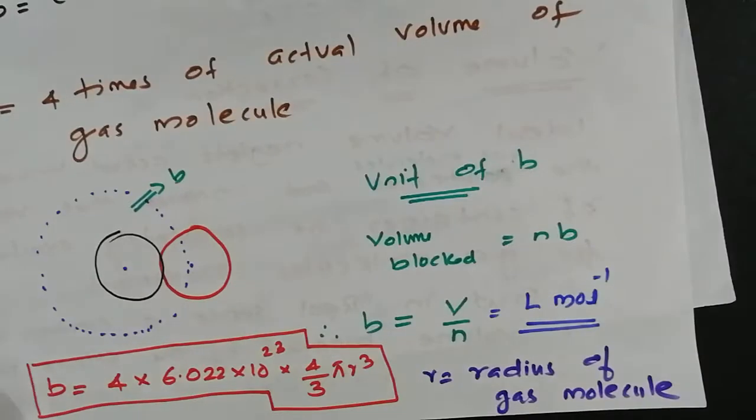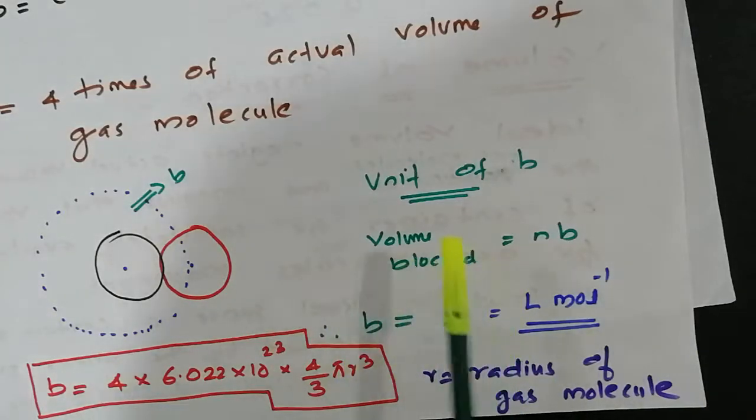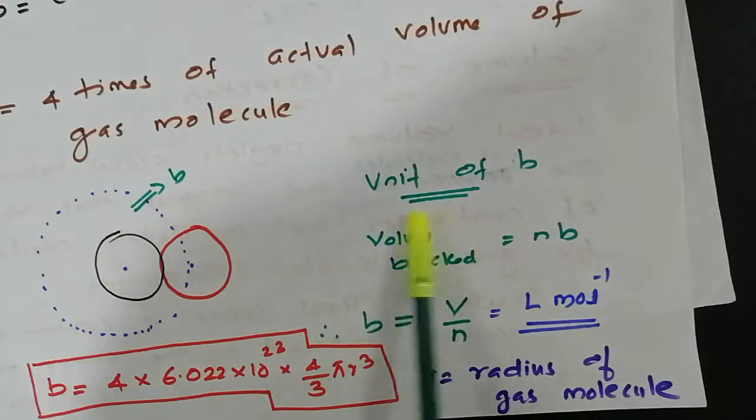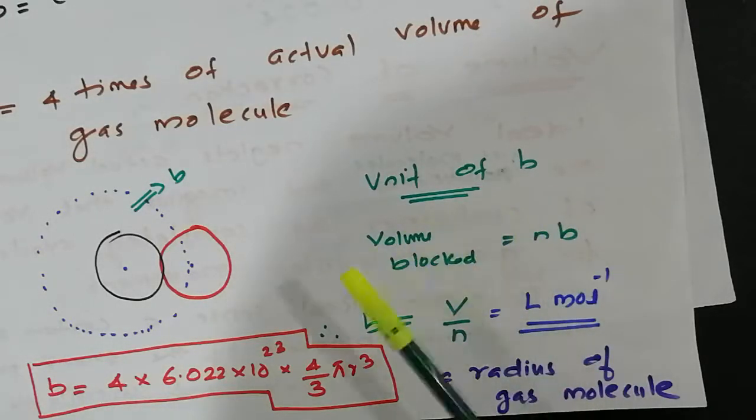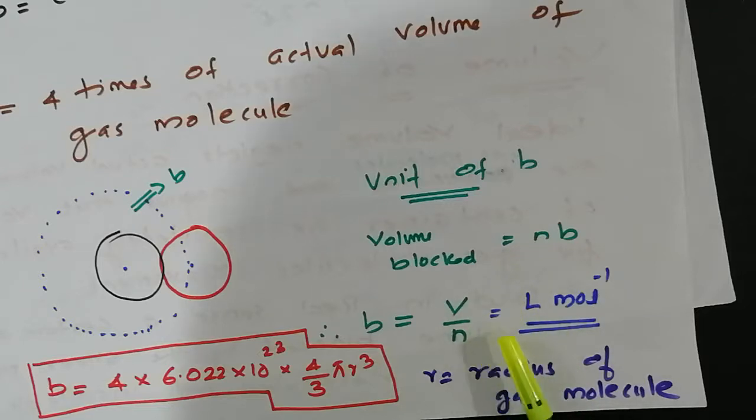What is the unit of b? The volume blocked for n moles is equal to nb. Therefore, b is equal to V by n. V unit liter, n unit mole raised to minus 1. Here r is the radius of the gas molecules.